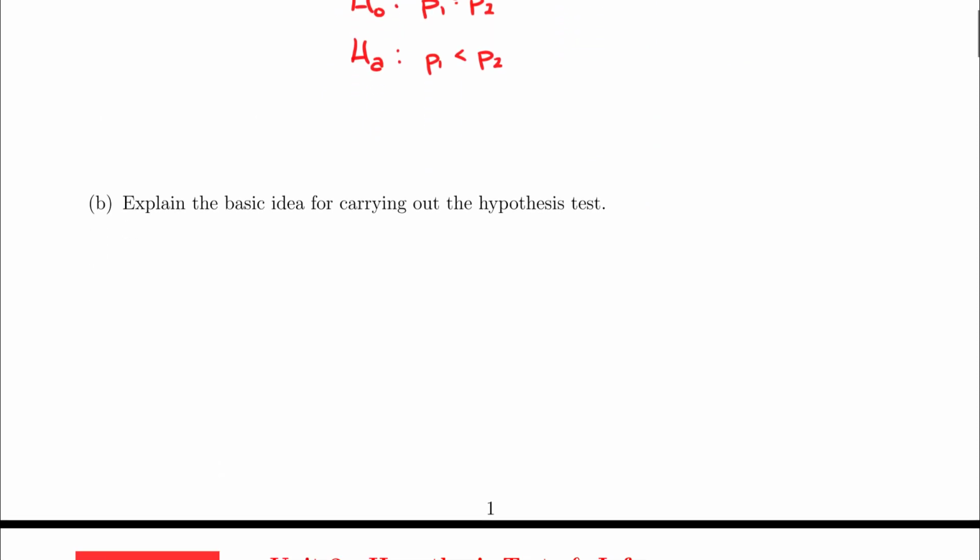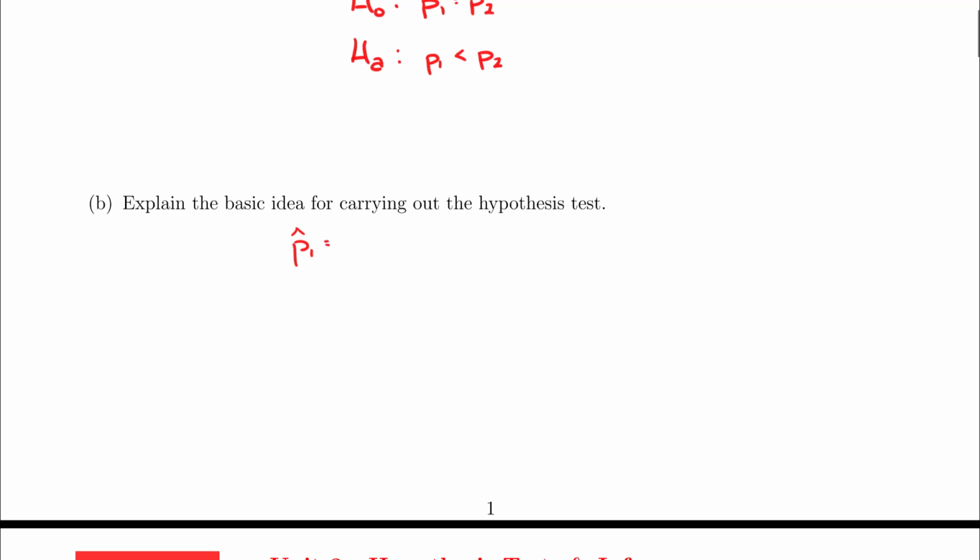For part B, it says to explain the basic idea for carrying out the hypothesis test. I'm just going to explain this. It will appear typed out for you in your notes on the website. We're going to compute the proportion of the men sampled who sometimes order vegetarian. What that means is we need to compute p hat sub 1.